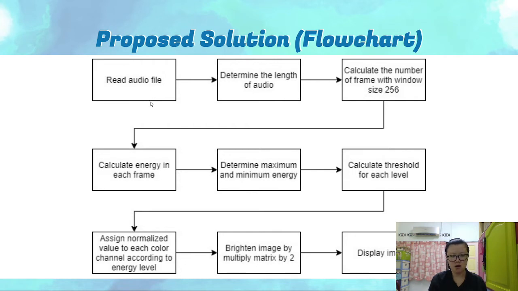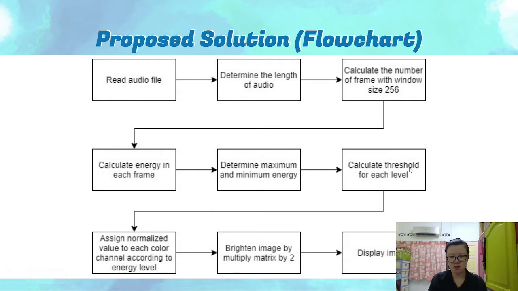Firstly, we need to read the audio file. Then we need to determine the length of the audio and calculate the number of frames. The window size I set is 256. Next, we need to calculate the energy in each frame and determine the maximum and minimum energy. Next, we need to calculate the threshold for each level, which I will explain in the next part.